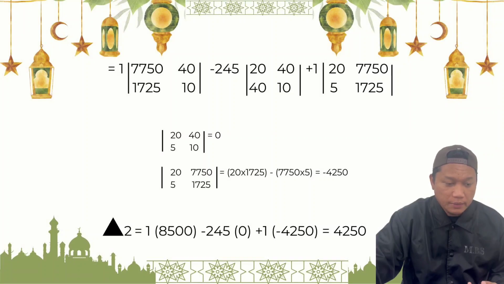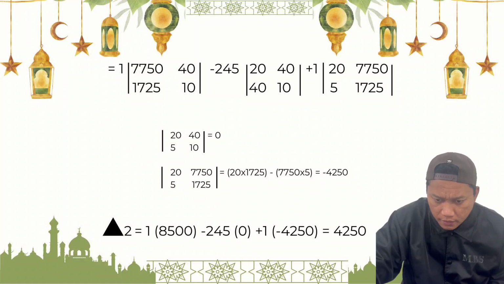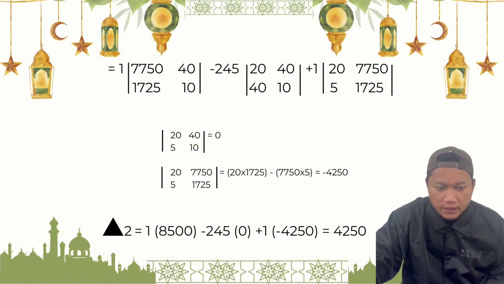Substituting the values, determinant 2 equals 1 multiplied by 8,500 minus 245 multiplied by 0 plus 1 multiplied by negative 4,250, equal to 8,500 minus 0 minus 4,250, equal to 4,250.